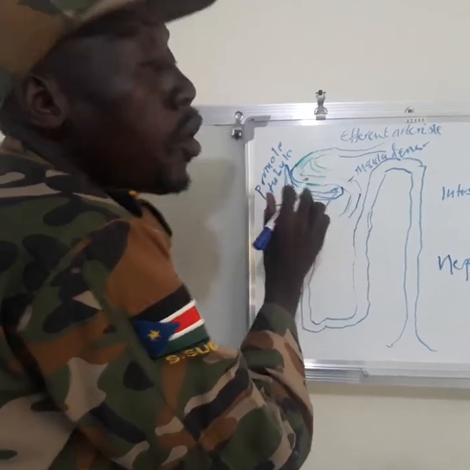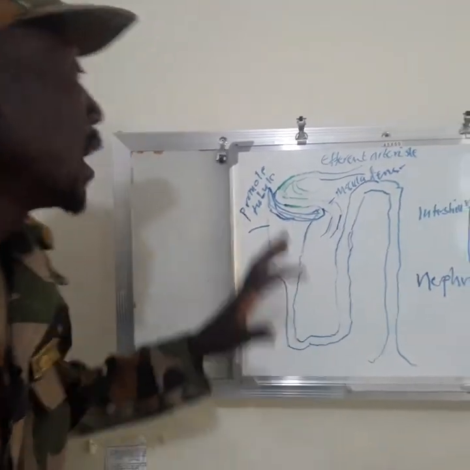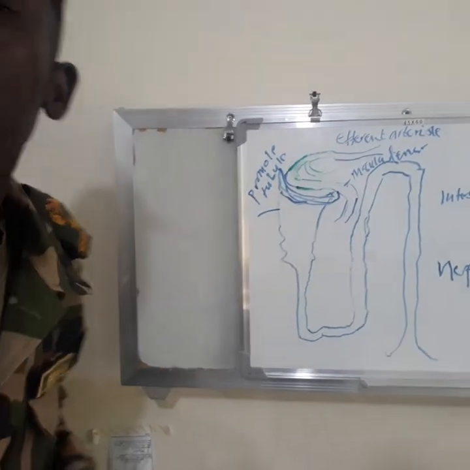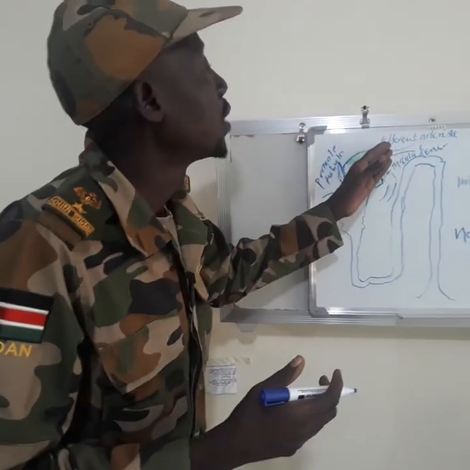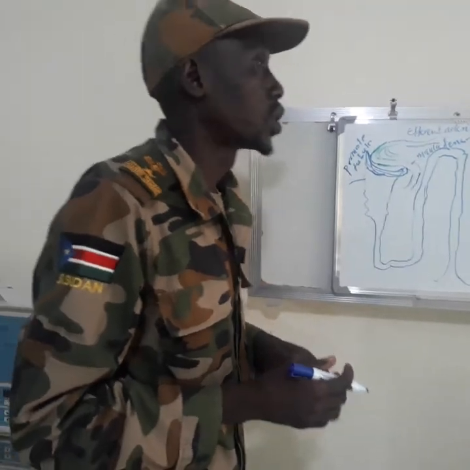And from the Bowman capsule, they exit through the efferent arterioles.